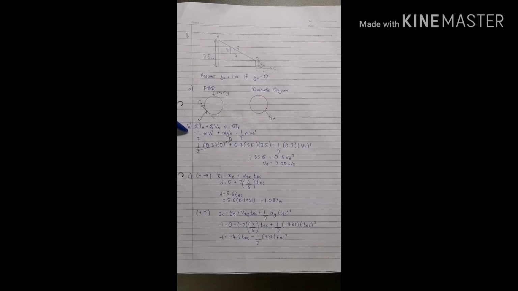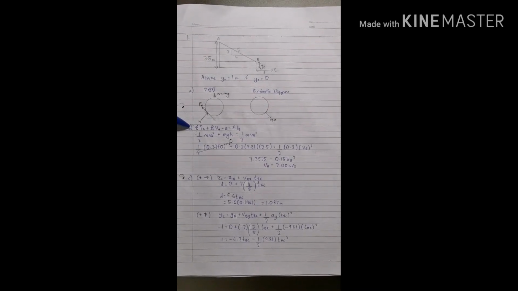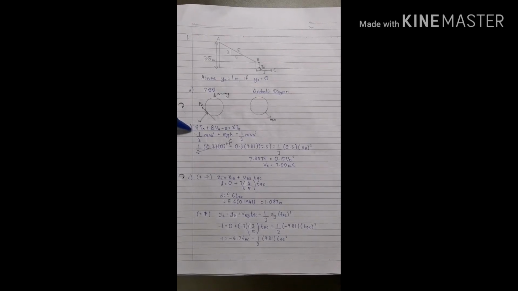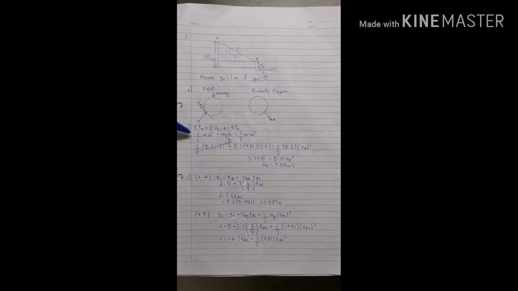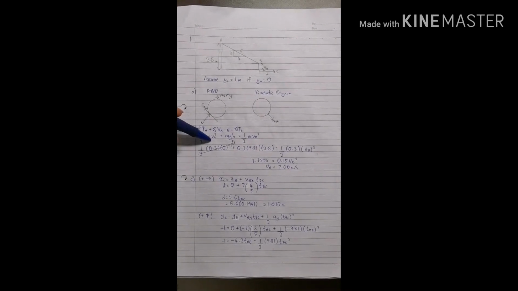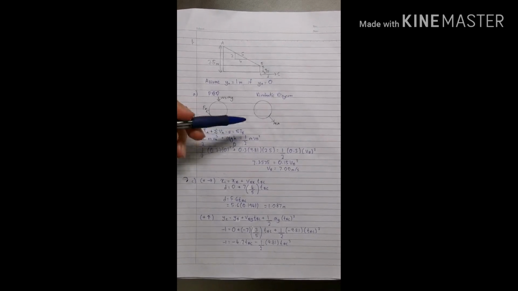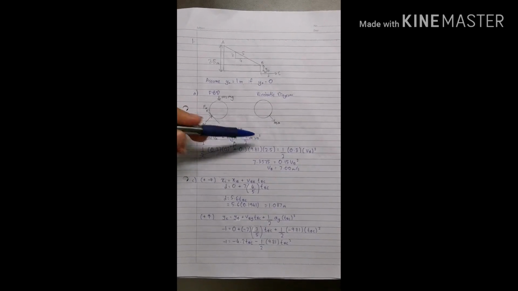Okay, so the second question is we want to find the velocity at point B. So we will apply the equation for the principle of work and energy. We will use 1/2 times mass times VA squared plus mgh equal to 1/2 times m times VB squared.